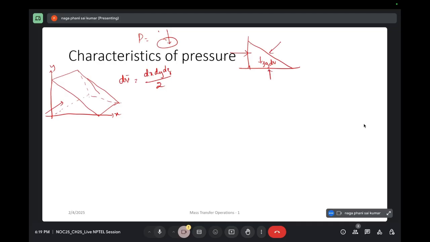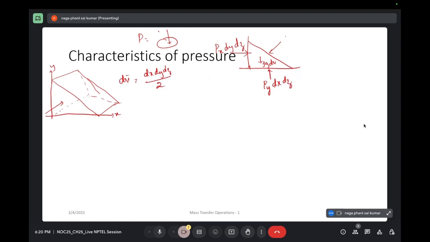Let's say the pressure acting on this side of the triangle is px. Then its corresponding force is going to be pressure into area, that is dy into dz. And in this direction, let's say py is the pressure acting along the y direction, so the corresponding area will be dx into dz.